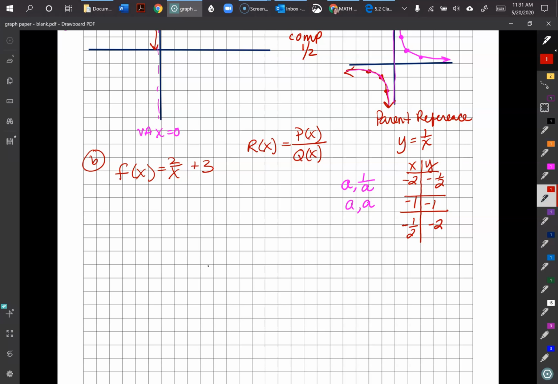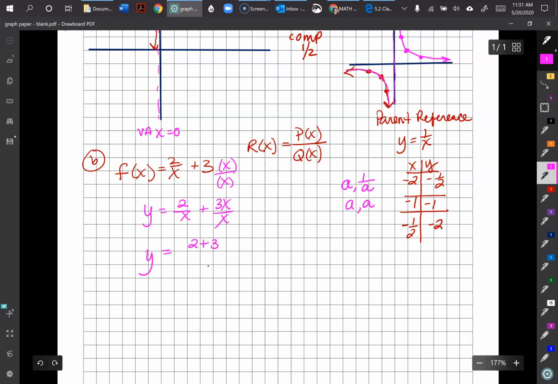So we would make a common denominator, x over x, and then we get y equals 2 over x plus 3 of x over x, and finally y equals 2 plus 3x over x.